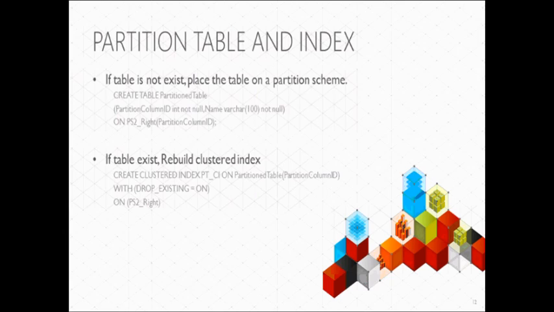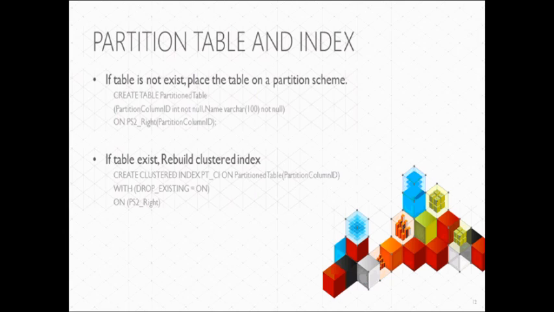In the CREATE TABLE, you will see it here, partition column ID, ON PS2_Right. In this ON clause, you specify the partition schema to use and the column of the table that will serve as the partition column, which is partition column ID.